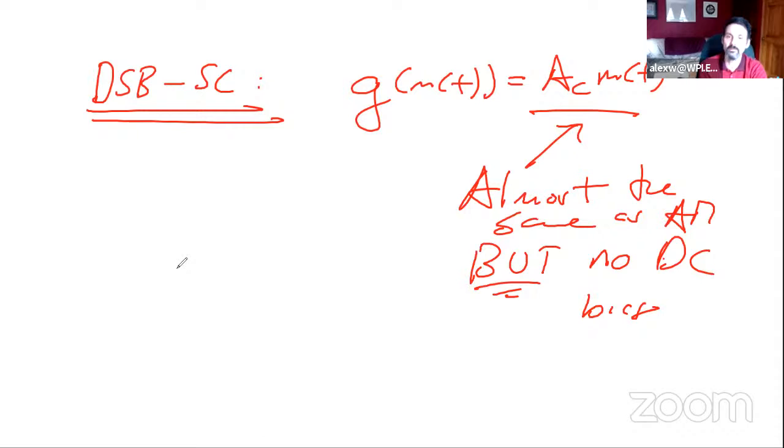If we go through the same process and get the passband representation, it's going to be the envelope without any DC bias. This makes things a little bit weird if m(t) has any negative values, because we have that 180 degrees phase ambiguity, which makes it very difficult to extract what the signal should be at the other end.